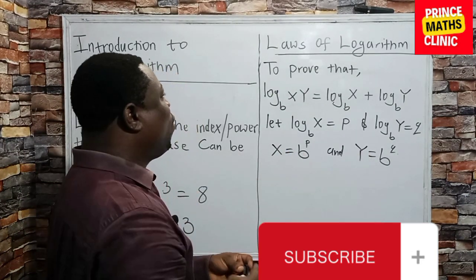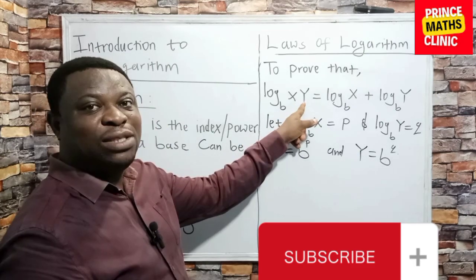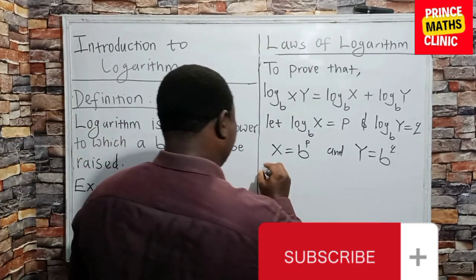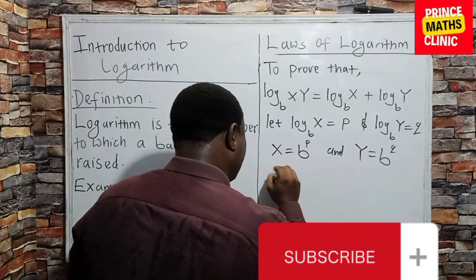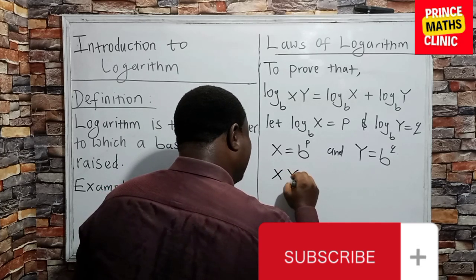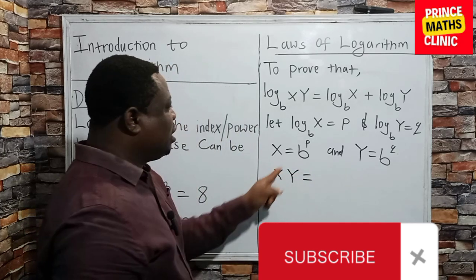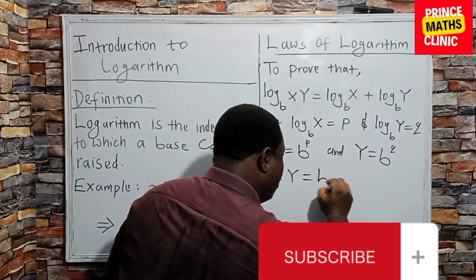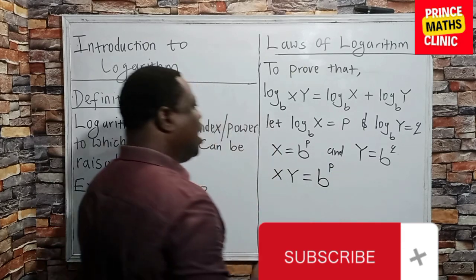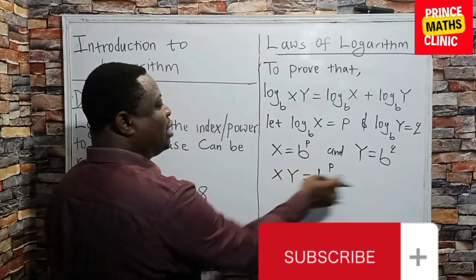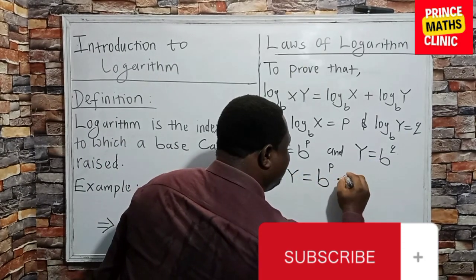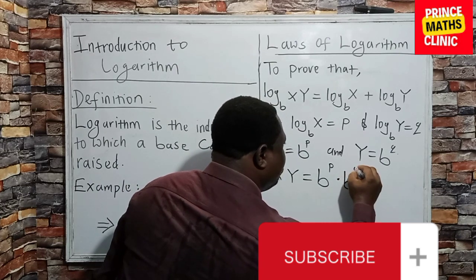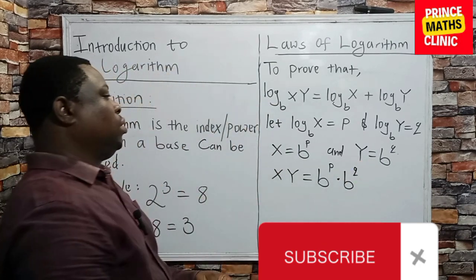Remember, the law wants us to multiply x and y. So if I multiply x times y, what is x? x is b to the power of p. Then what is y? y is b to the power of q.